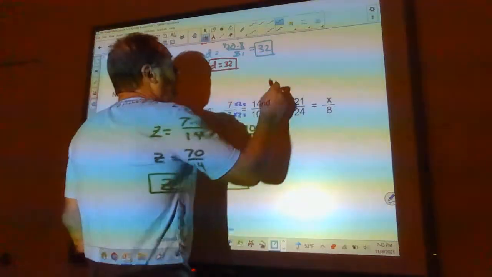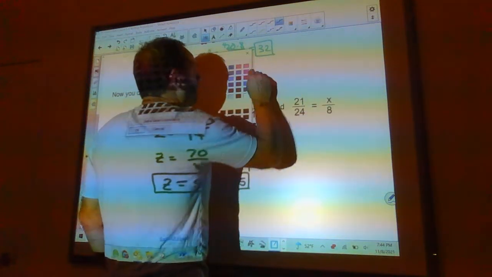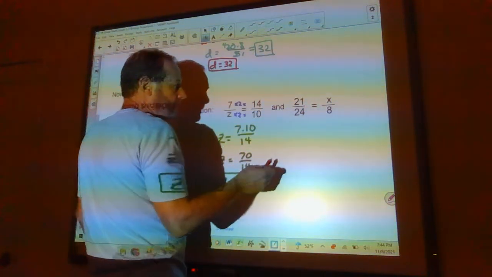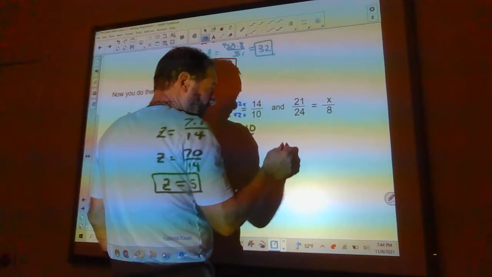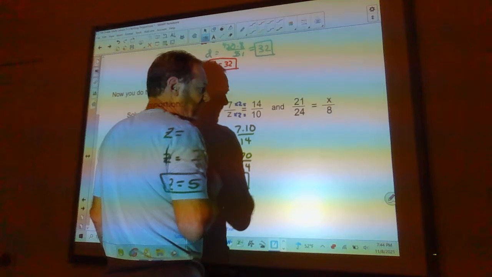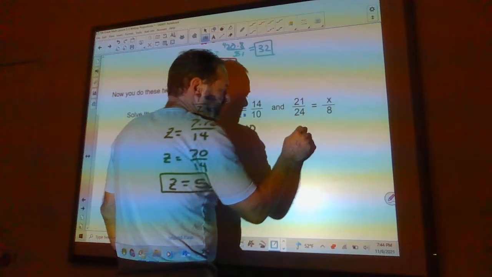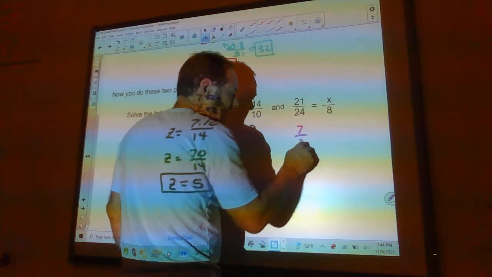Okay, this one over here. I think what I would do here is reduce that fraction. 3 will go into 21 7 times, and 3 will go into 24 8 times.